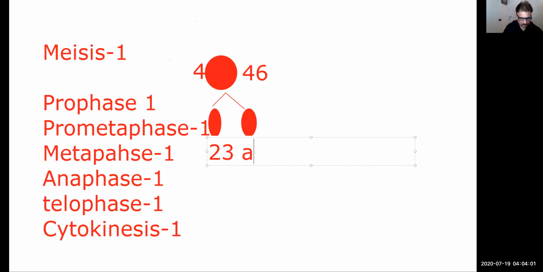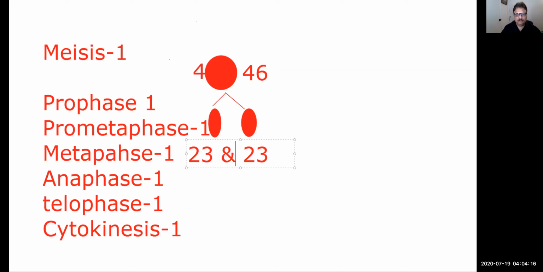So 23 and 23. Reduction division takes place in meiosis 1. Okay? So one cell gives rise to two cells.